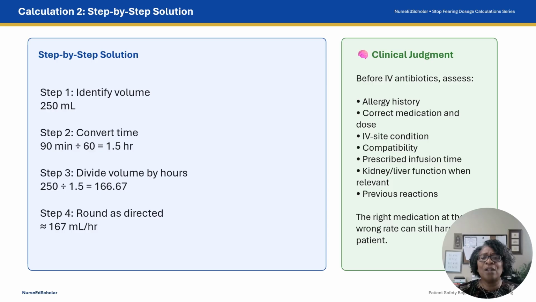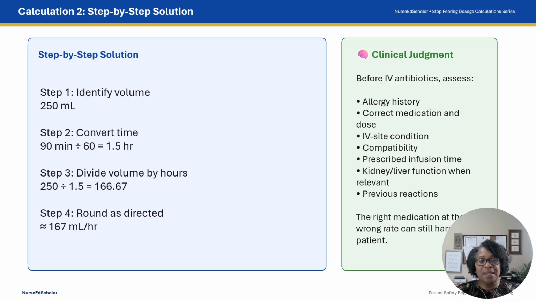Please follow the drug guides and the policies of the facility that you're working at, because an IV medication has more than just the dose, it also has a rate. And the right medication at the wrong rate can still harm your patient.